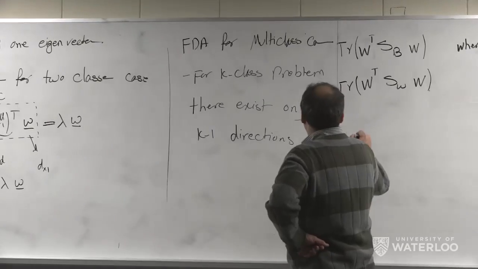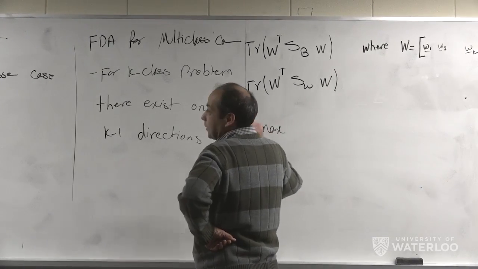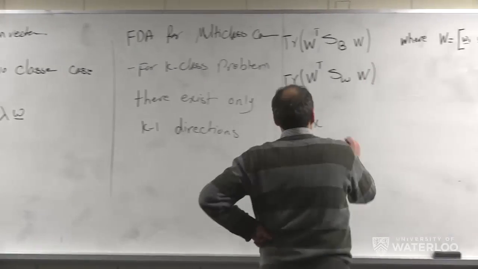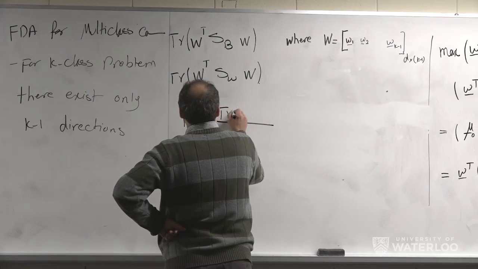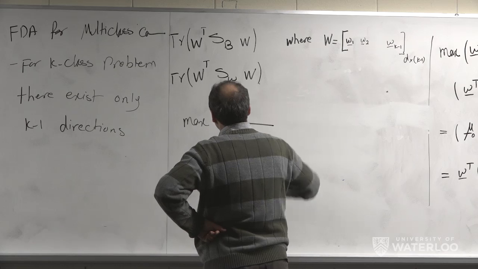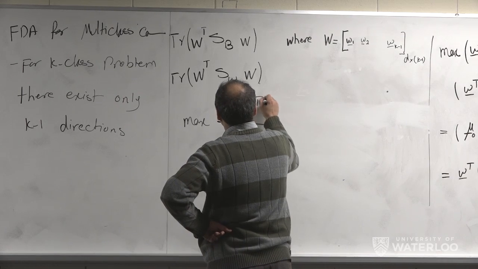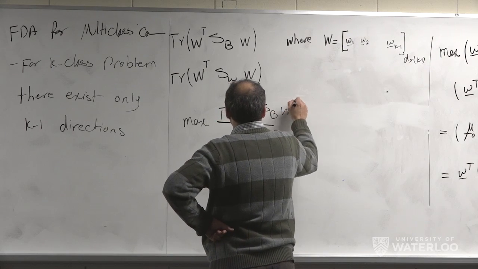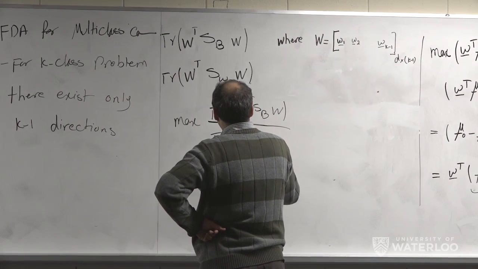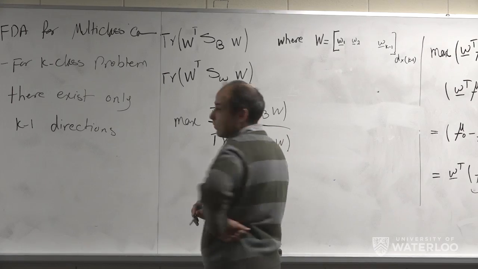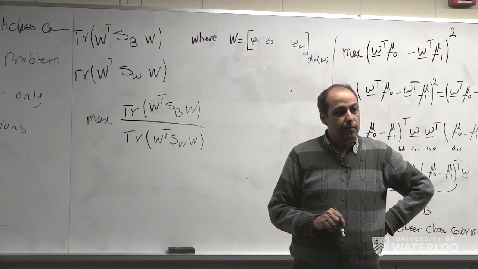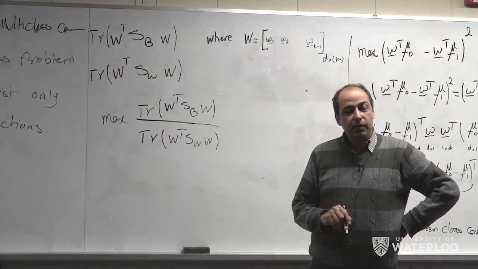So here I had this maximization problem: the trace of W transpose SB W, which is a matrix now, divided by the trace of W transpose SW W. And I want to maximize this.